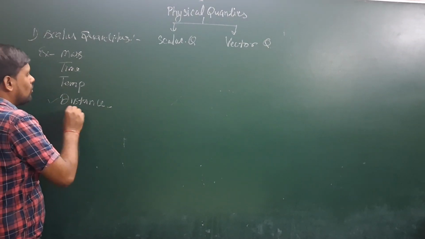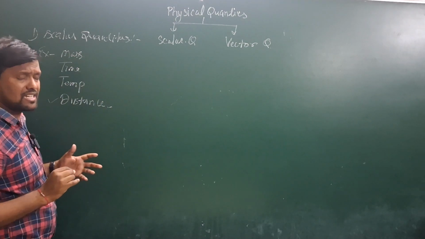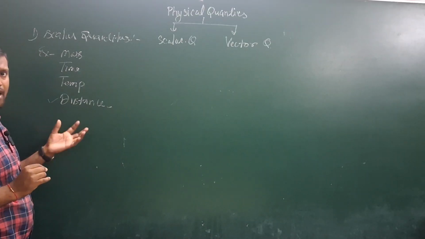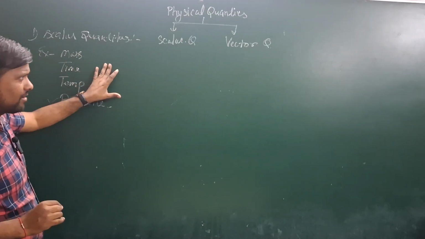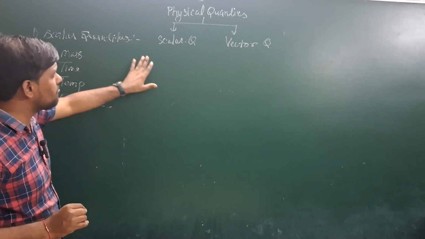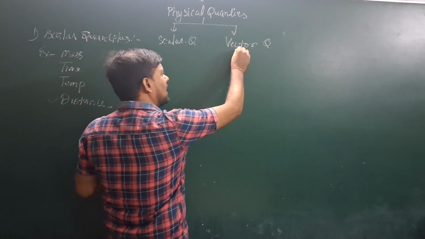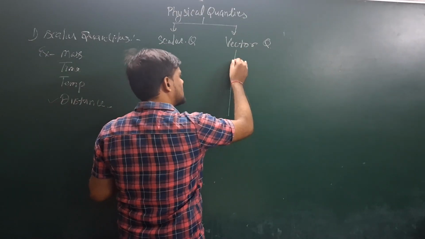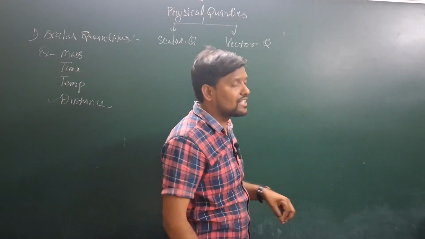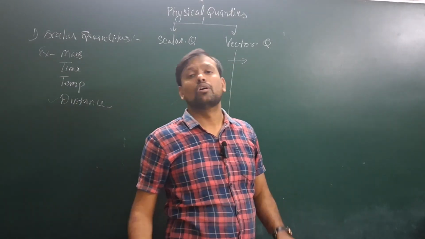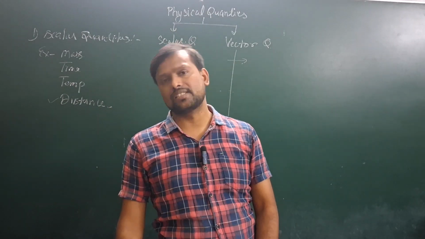This is known as scalar quantities, and there are many more quantities which have no requirement of direction, known as scalar. Understand? In the same way, vector quantities are those for which, to represent them, we have to know the direction as well as the magnitude.